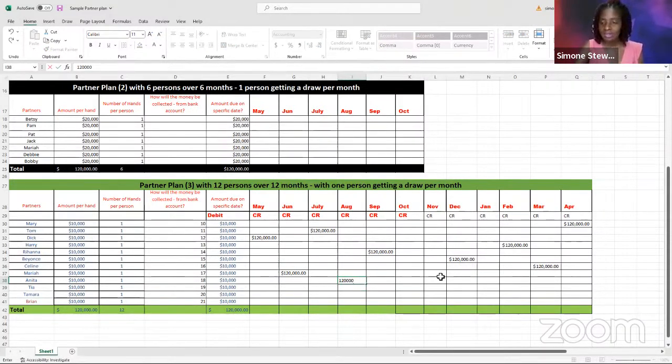Then Tia and her sister. So you have to look now. So what happens now, guys? Because you are so organized with the savings plan business that you are running, each person gets a draw each month, because what you also want to do, like I said, it needs to be organized.